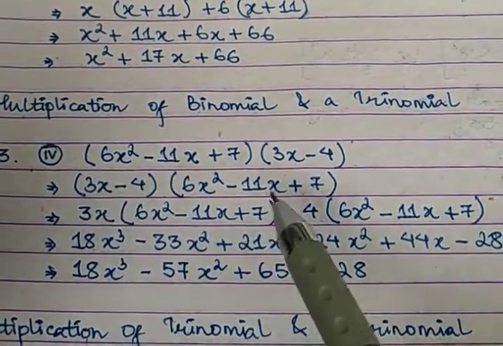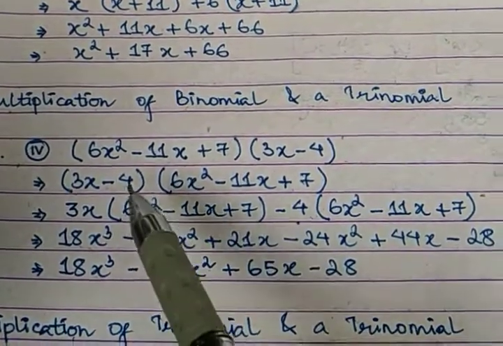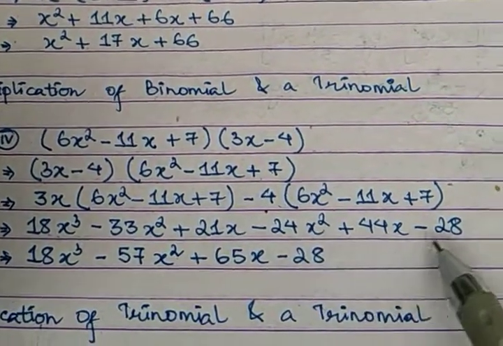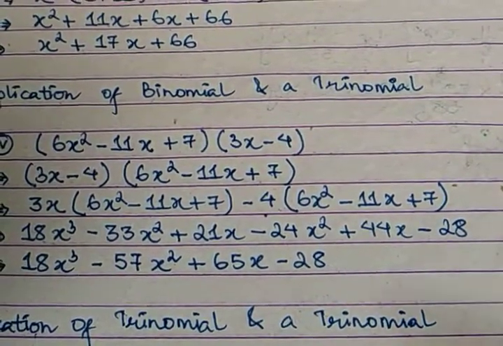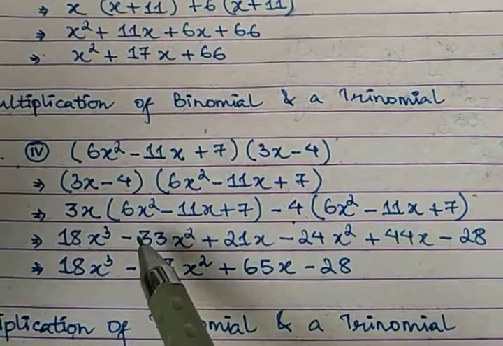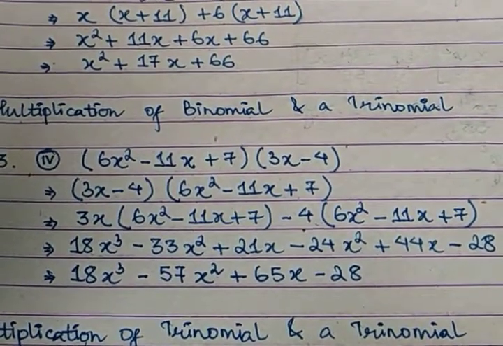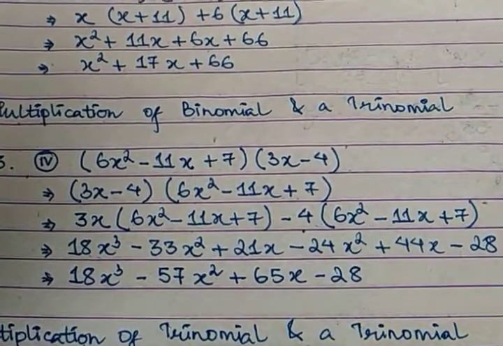See, plus into plus, it's plus 3 sevens are 21x. Now again, if you pick up this term and multiply all the three terms, you will get these three terms. Okay, now after that, what are you supposed to do? You will have already known what you are supposed to do, isn't it? So what I try to tell you here is you can skip this step. Okay, it's not mandatory, but for skipping steps you need to practice.